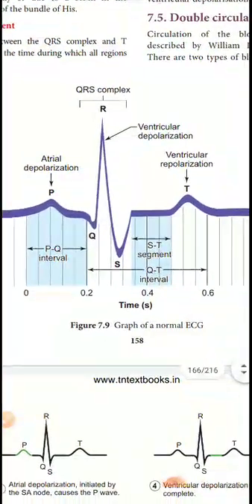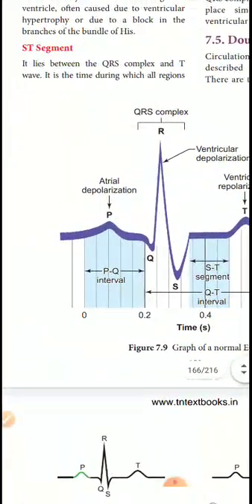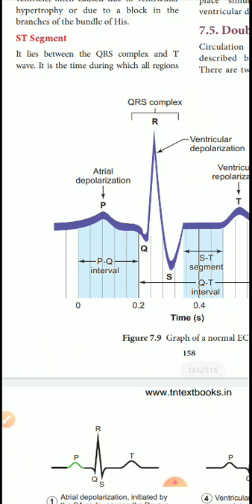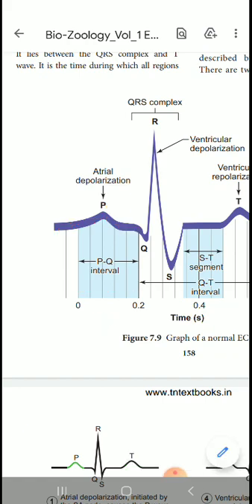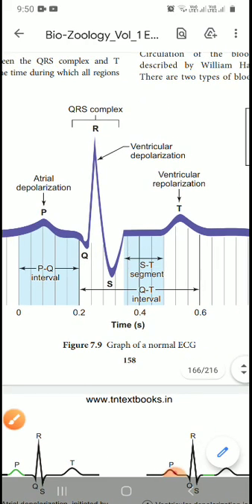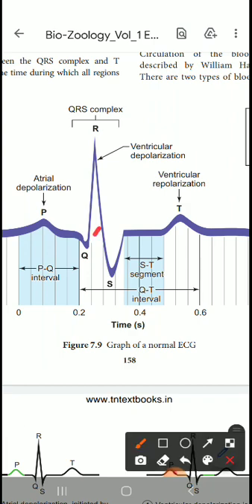See, this is the graph of the normal ECG. So upward, see, this is slightly upward. This is the atrial first P wave. Okay, what is that? P wave. How much interval here? Here the interval time is 0.2. Okay, 0.2 interval, and after that it is the ventricular depolarization. It goes to the peak. So ventricular depolarization.